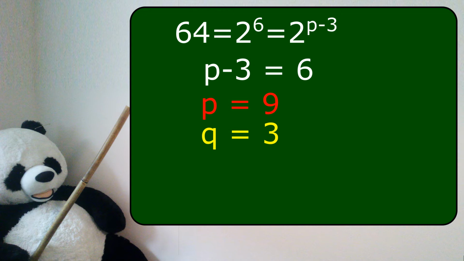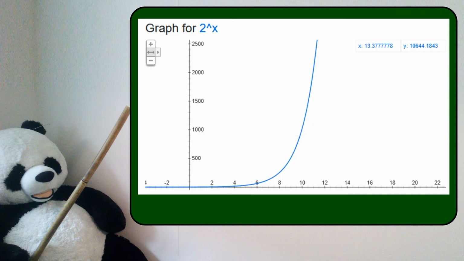Therefore, p minus 3 must also equal 6, which means that p equals 9, and we may as well just jot down q equals 3 we found earlier, just so that we have our answer all in one place. Is that it, though?